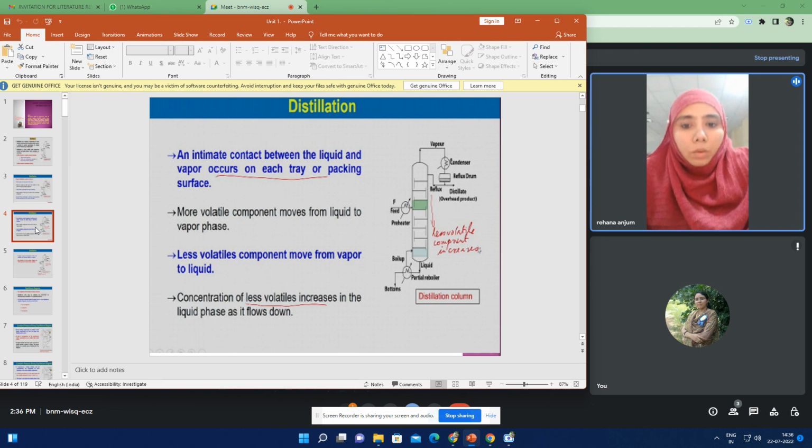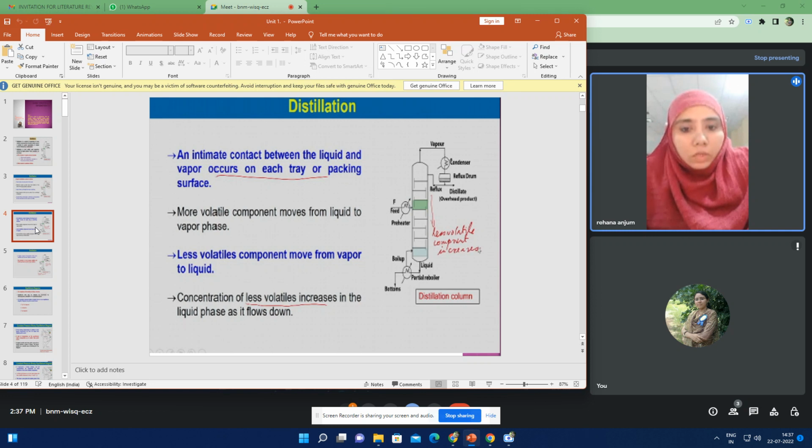More volatile components move from the liquid to the vapor phase, and less volatile components from the vapor phase to the liquid phase. So mass transfer happens both from liquid to vapor and vapor to liquid.